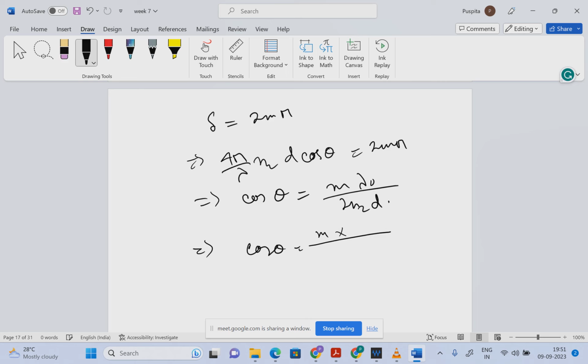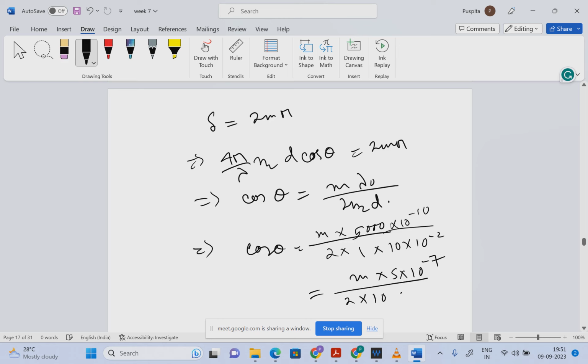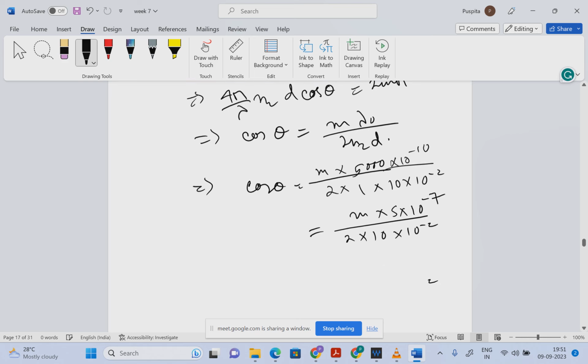And lambda is equal to 5,000 angstrom, that is 5,000 into 10 to the power minus 10, mu is equal to 1, and d is 10 into 10 to the power minus 2 centimeter. So this will be m equal to 40,000.